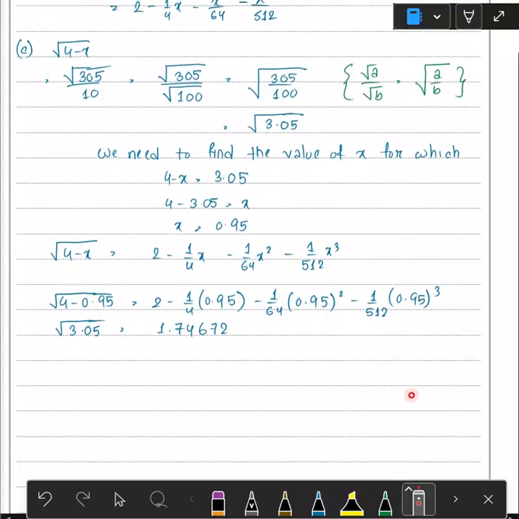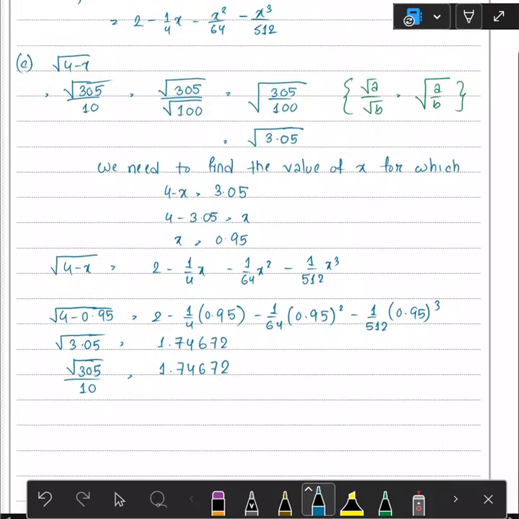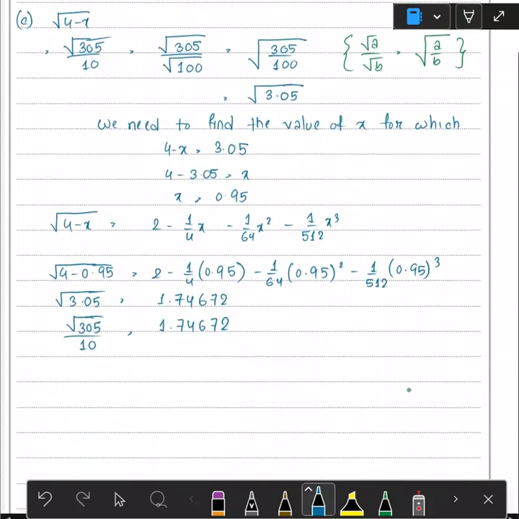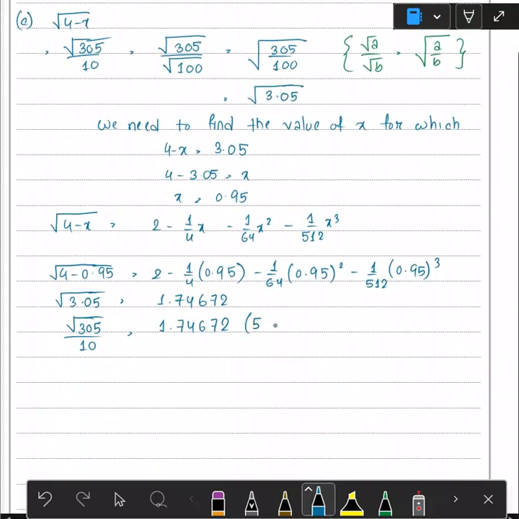So we can just say in the next line that root over 305 by 10 is equal to 1.74672, and they want it in 5 decimal places, and this is in 5 dp.